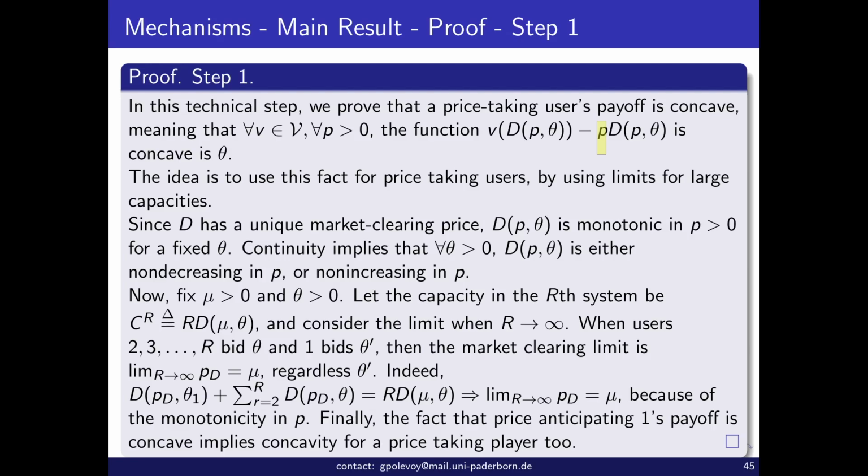Now we know for price taking users, you've already shown that not only for our case but in general, that it is concave for price taking users. And now we are going to show that also for price anticipating. Excuse me.